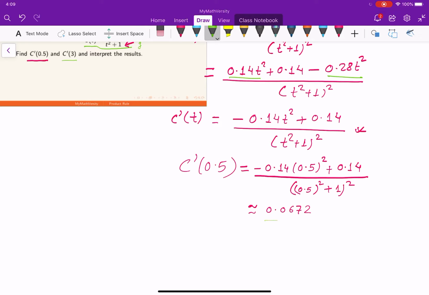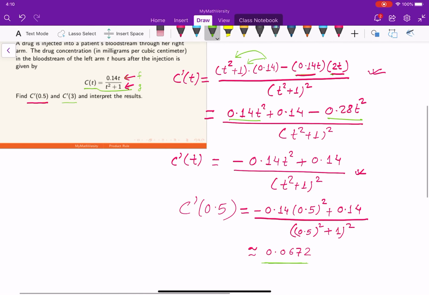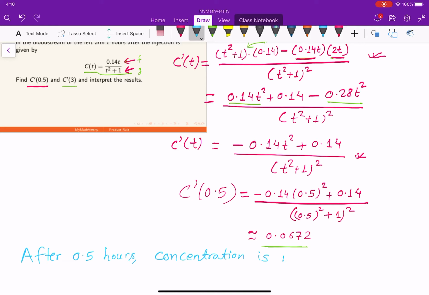And what we have figured out in that case is the rate of change of the concentration at 0.5. And what is 0.5? It is time, so it is given in hours, right? So if that is the case, what we can say here is after half an hour, or 0.5 hours, the concentration of the drug is actually, because the rate of change is positive, increasing, right?